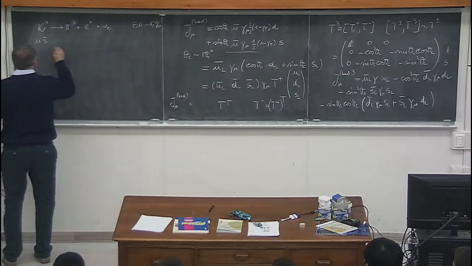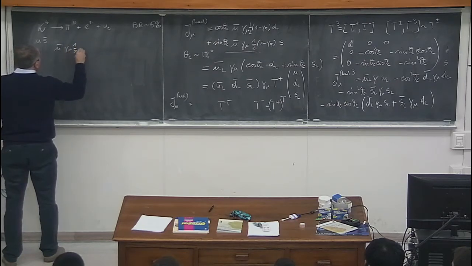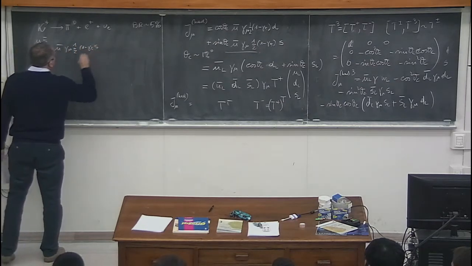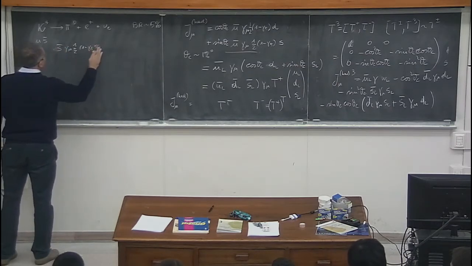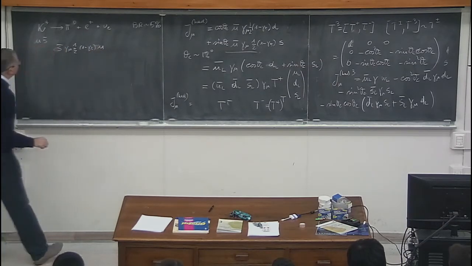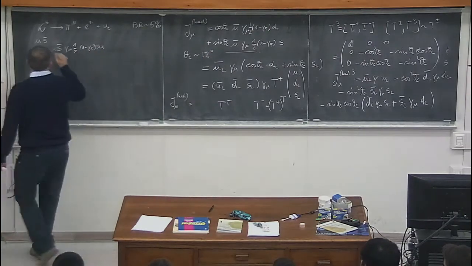So what I need is a term like U bar gamma mu 1 minus gamma 5 S, or rather its Hermitian conjugate. And this carries sine theta Cabibbo.